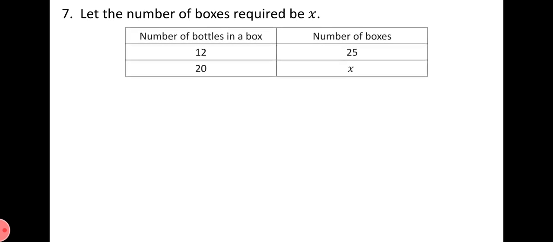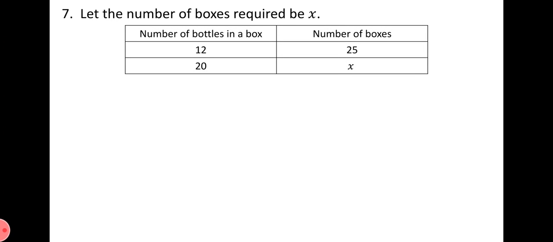So we have the number of bottles in a box and the number of boxes. So if the number of bottles in a box is 12, then such 25 boxes can be fitted in a batch. But suppose the number of bottles is 20 in a box, then let us suppose the number of boxes is x.